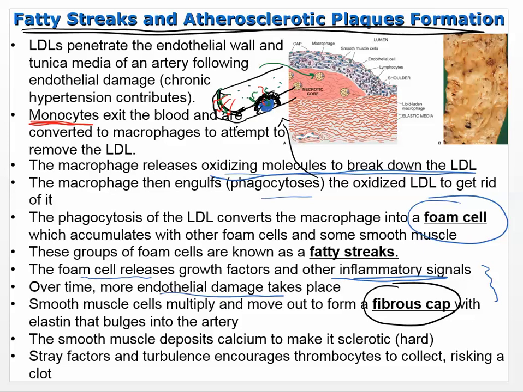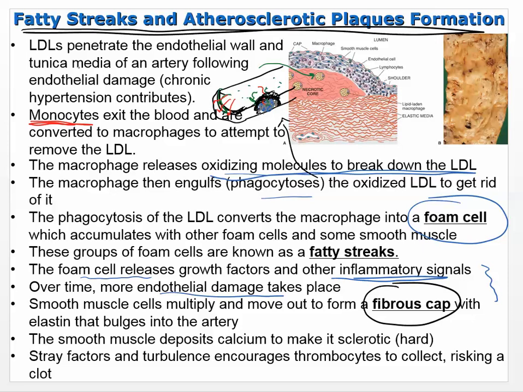Some more lipoproteins will move in, and it can continue to cause problems. The smooth muscle then deposits calcium to make it sclerotic, or hard. So this whole thing becomes sclerotic, and sclera means hard.